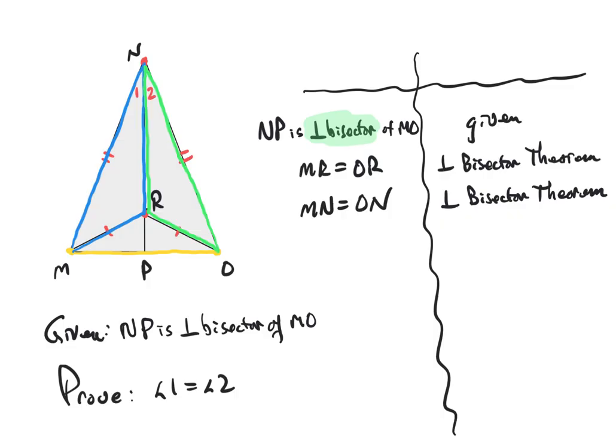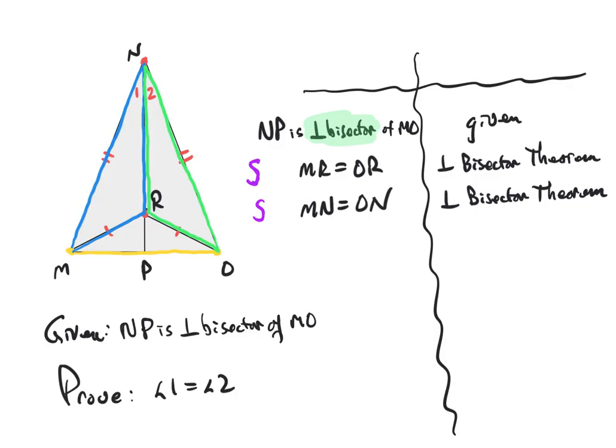And you might notice that if I ask you to focus on the blue and green triangles, right now what we would have is two sides. Right? M to R, O to R. M to N, O to N. Those would be two sides of those triangles.